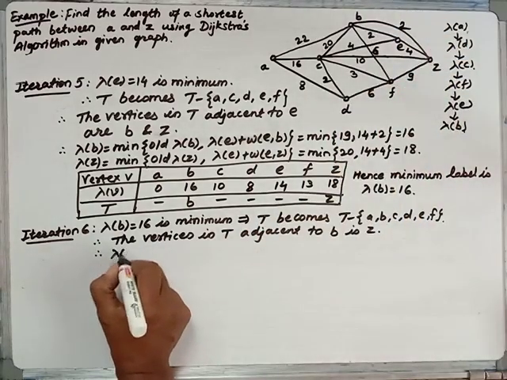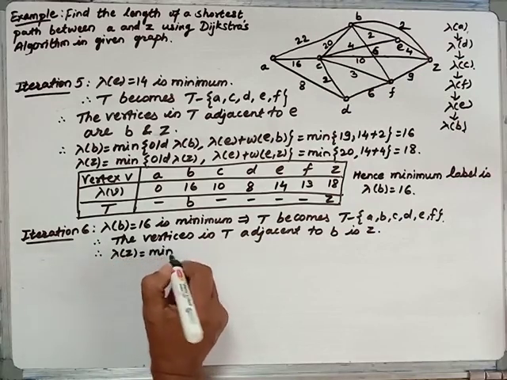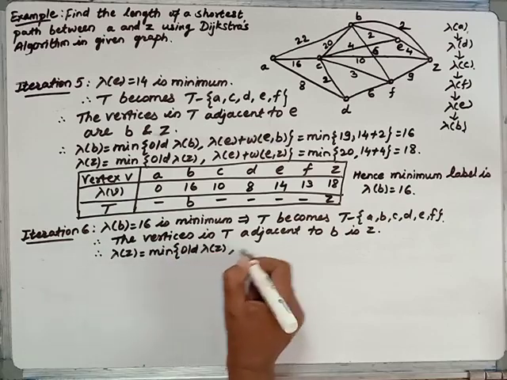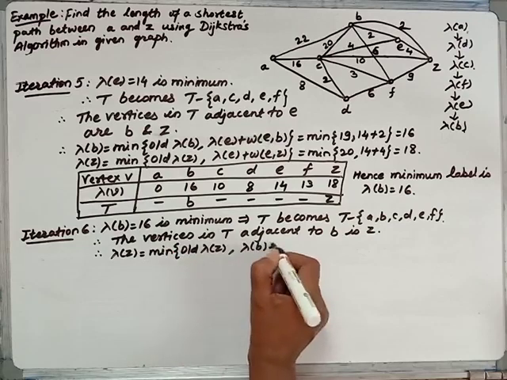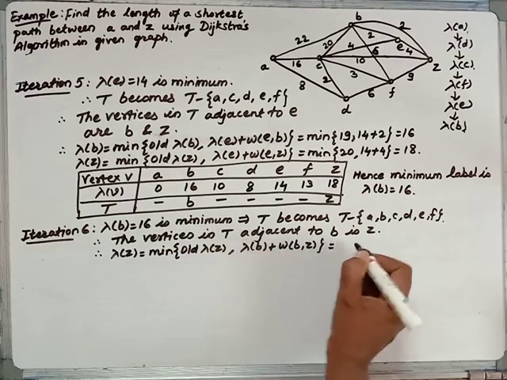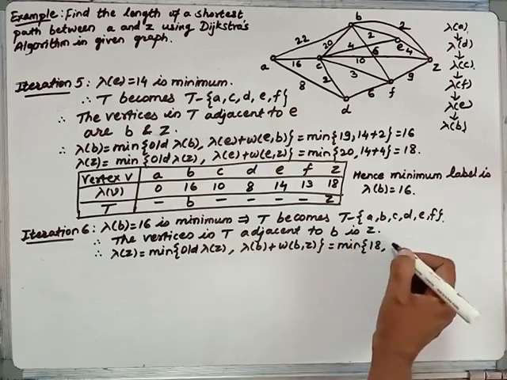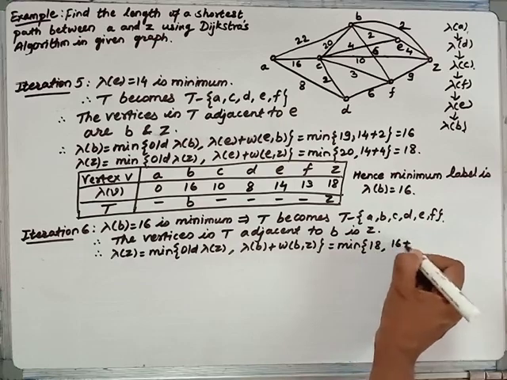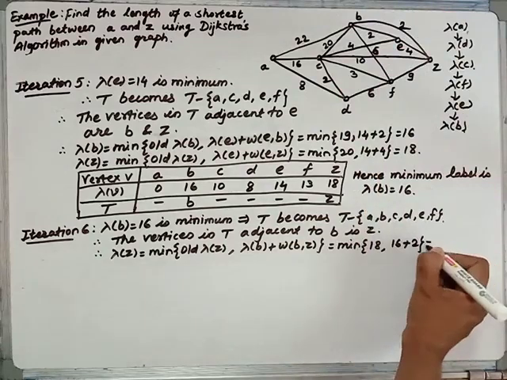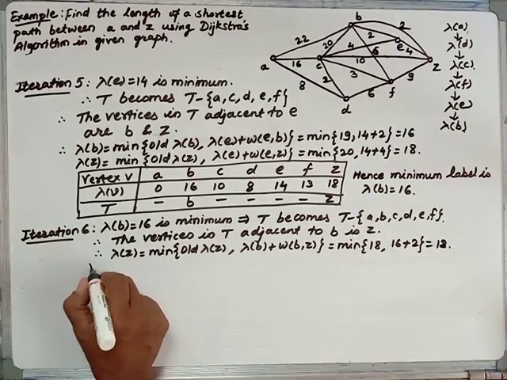Therefore, lambda of Z will be minimum of old lambda of Z, lambda of B plus weight of edge from B to Z. So minimum of old lambda of Z is how much? 18. Lambda of B is 16 plus this weight is 2. This one is 2. So it is how much? 18.